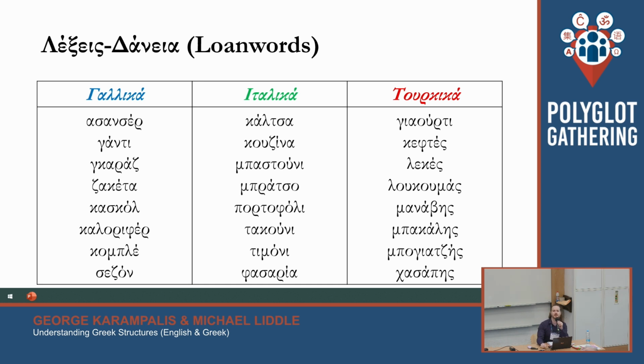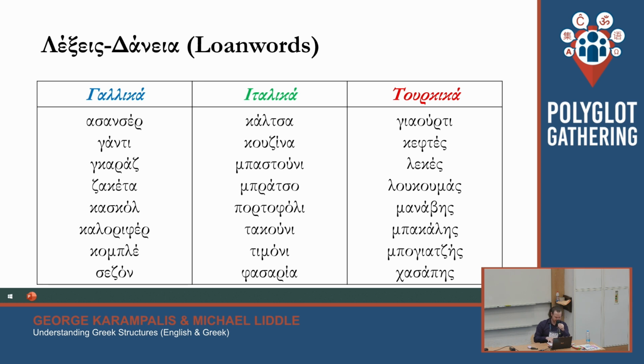Manavis. This is a job. Yeah, grocer. Yeah, that's it. Manavis. Bakalis. Do you recognize this? Anything in Persian? No, unfortunately not. So bakal is just the grocer.